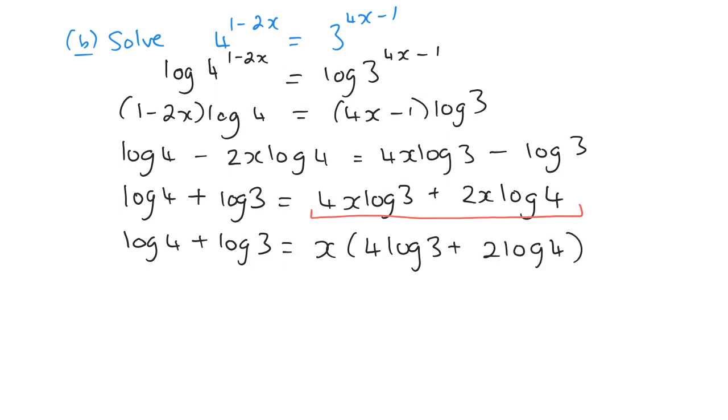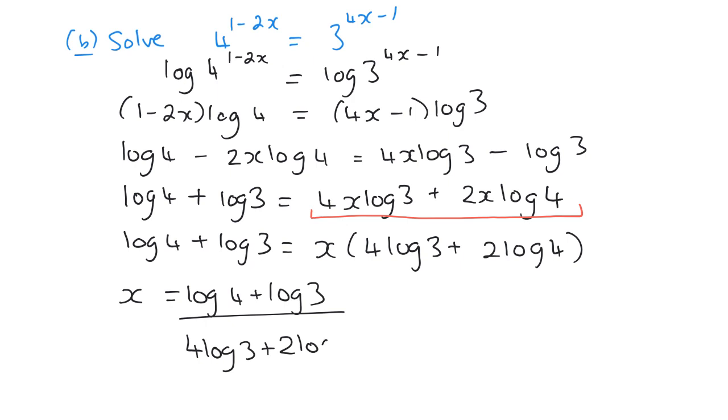And then to get x, I'm going to divide the log 4 plus log 3 by our 4 log 3 plus 2 log 4. Again, we put that into our calculator and we get 0.347 to 3 significant figures.